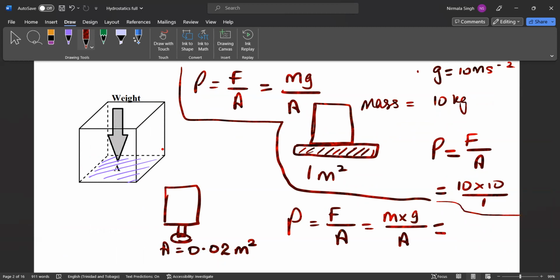All right, it's the same mass and the same gravity, it's just the area is now different. Give it a try. Tell me what you get. Miss, is it possible to get 5,000?